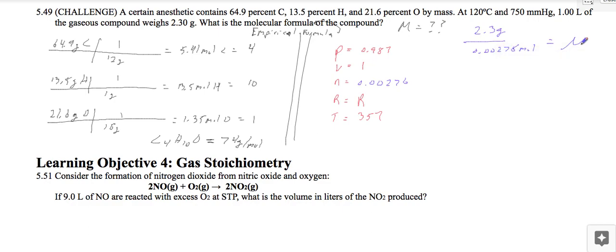That's why I'm messing up so much. That gets us our molar mass. So we're going to do 2.3 divided by that. Gets us 832. I feel like this is wrong. Let's find out. What's 832 divided by 74? 11. Oh boy. Let me go through this again real quick, guys, and figure out what's going on.